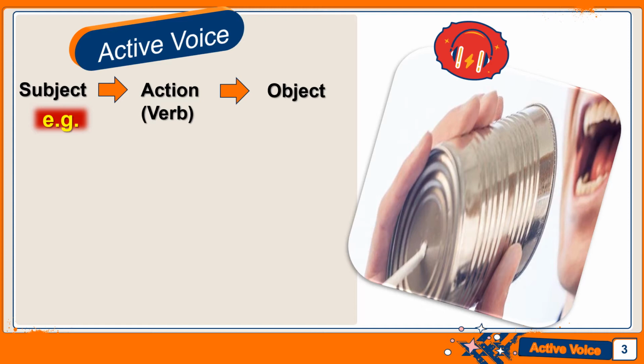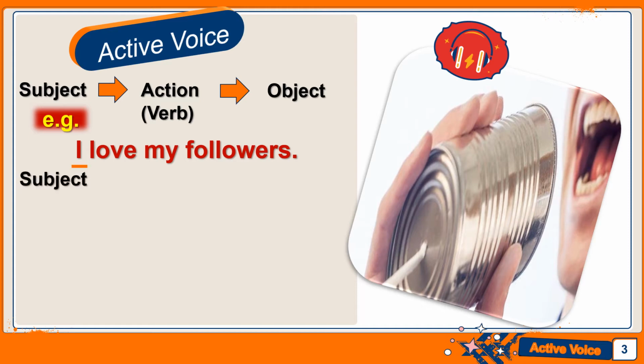Let us take an example for the same now. I love my followers. Yes, I love my followers. Who is the person about whom we are talking in this sentence? I is the person about whom we are talking. So I is the subject, followed by the action. Yes, the action over here is love.